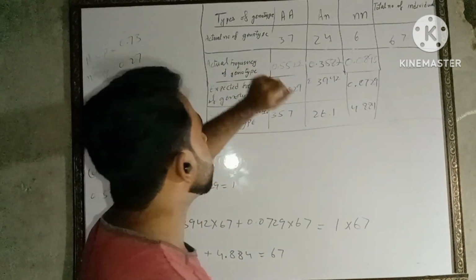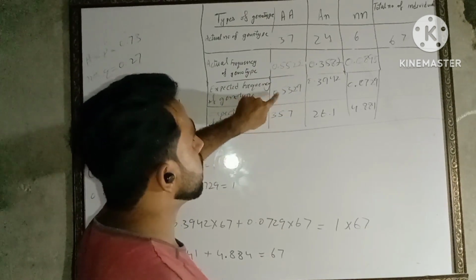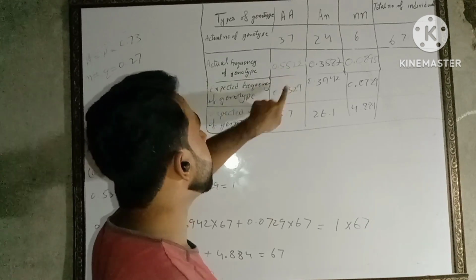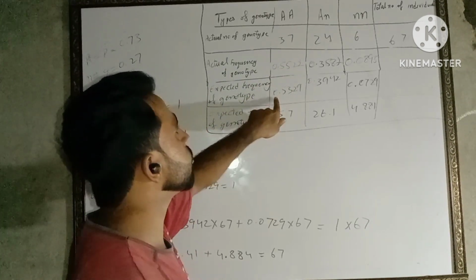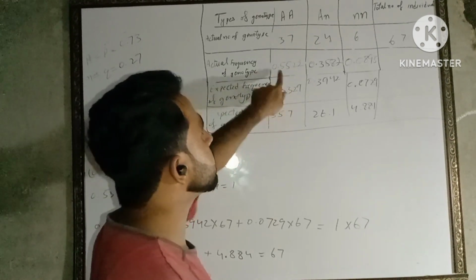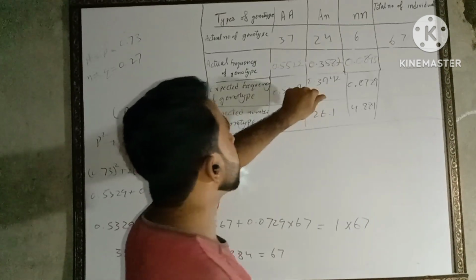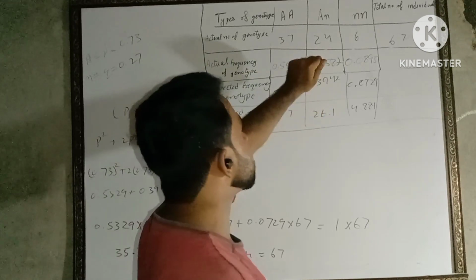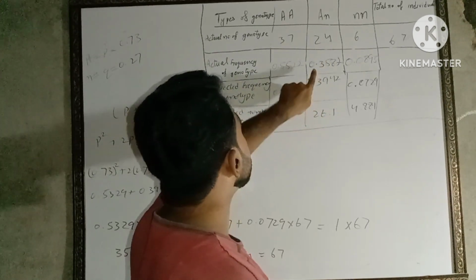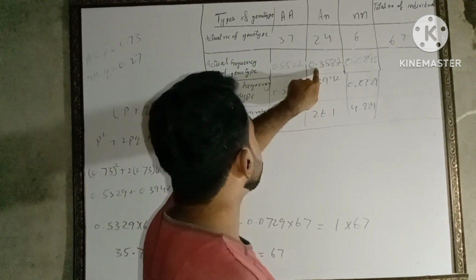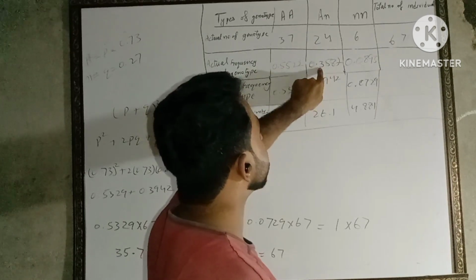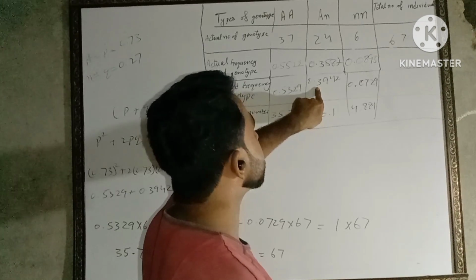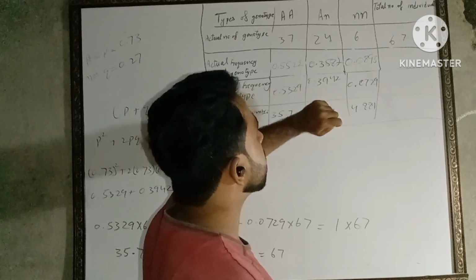And if we compare the frequencies, here the actual frequency is 0.55, but the expected frequency is 0.53. Both are not the same. Similarly, if we compare the frequencies of the second genotype, the actual frequency is 0.35, but here the expected frequency is 0.39.